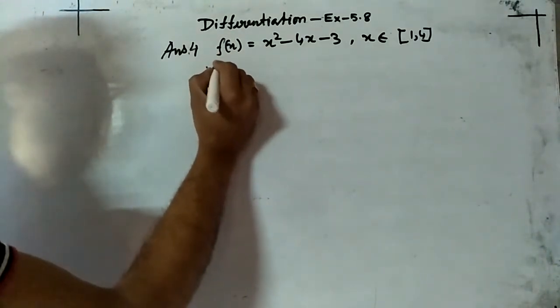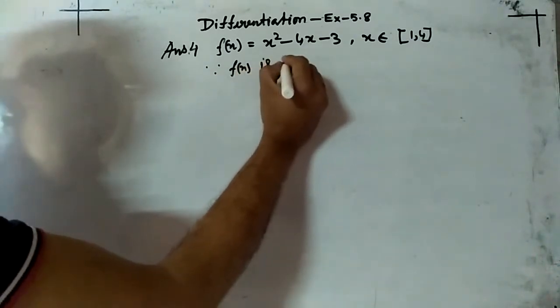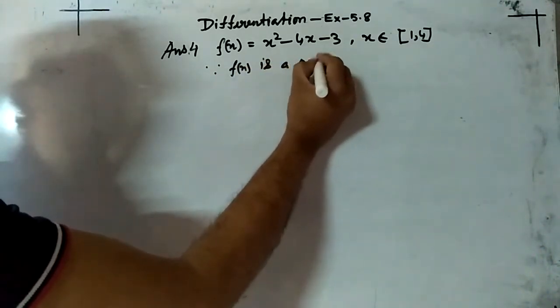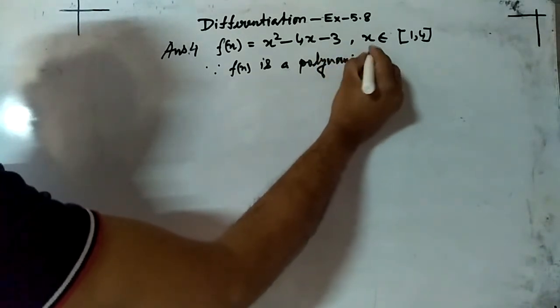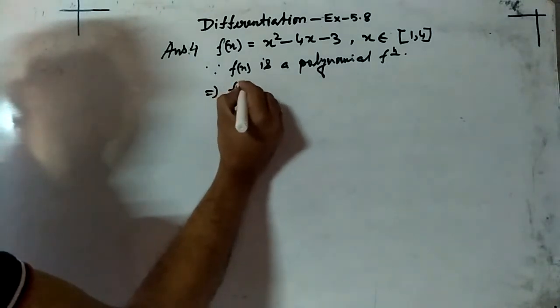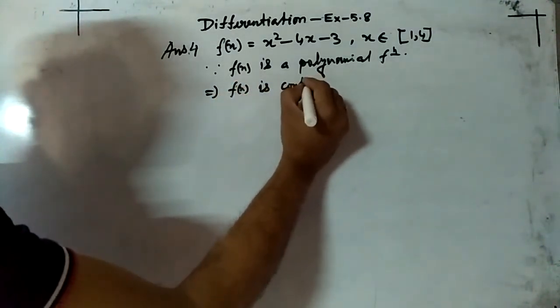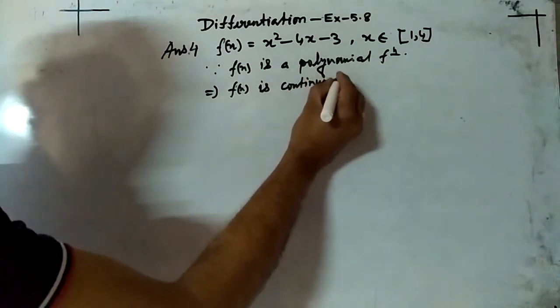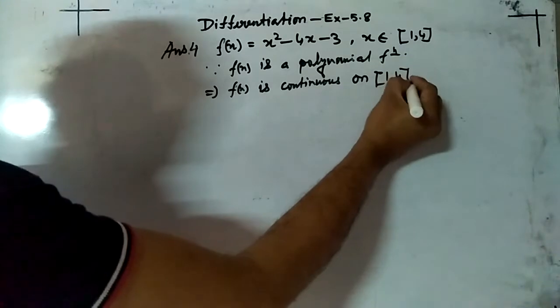Directly we will write: since f(x) is a polynomial function, it implies f(x) is continuous on closed interval [1, 4].